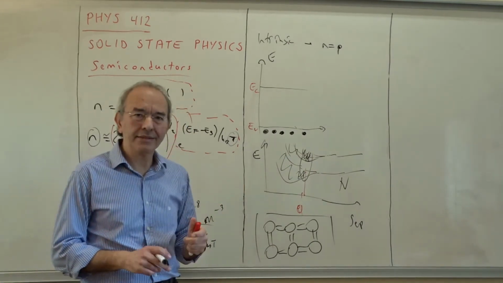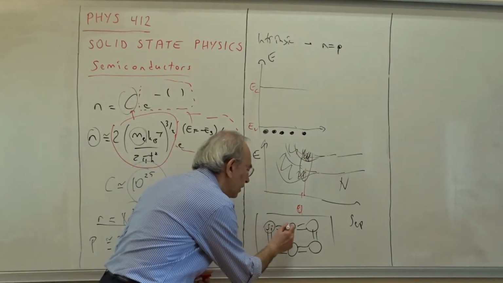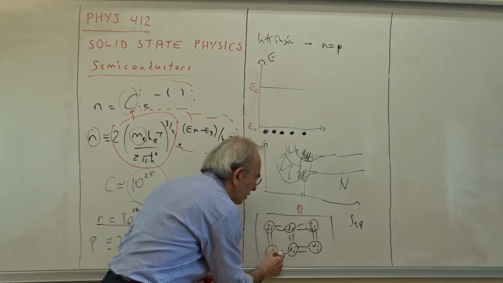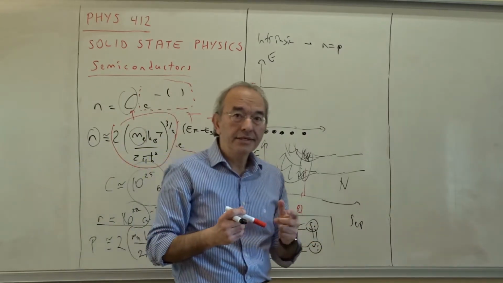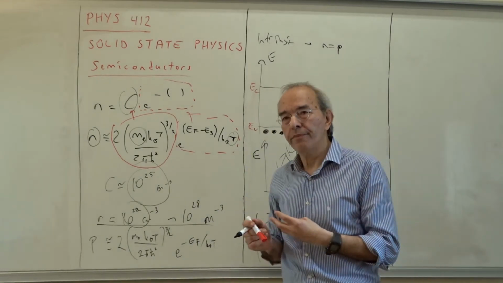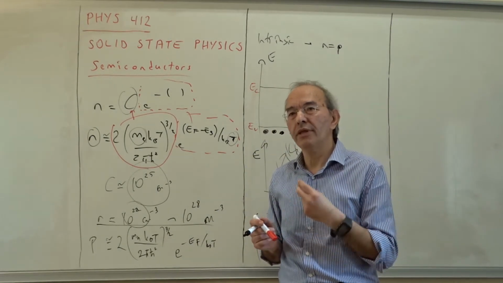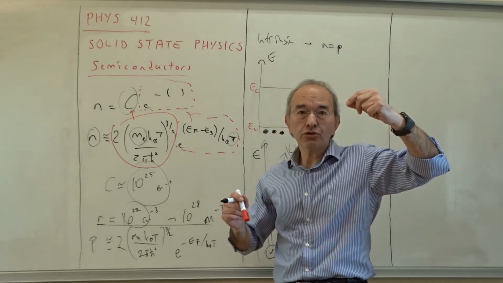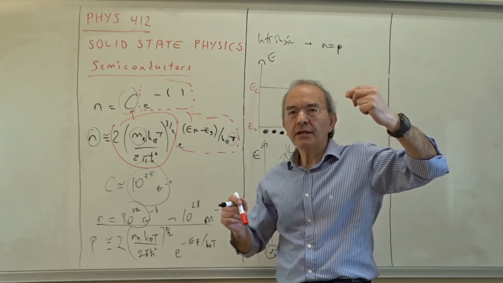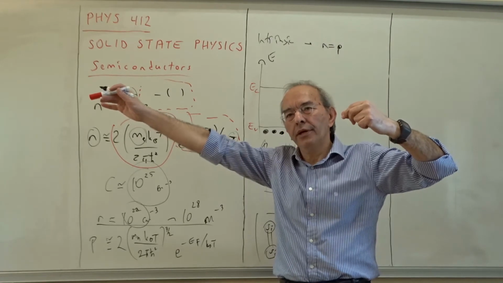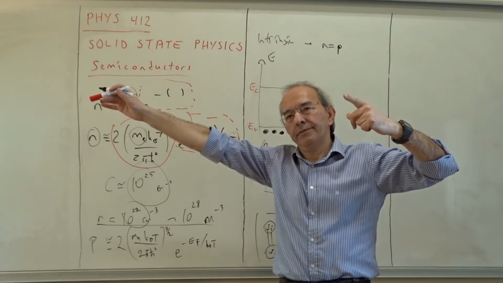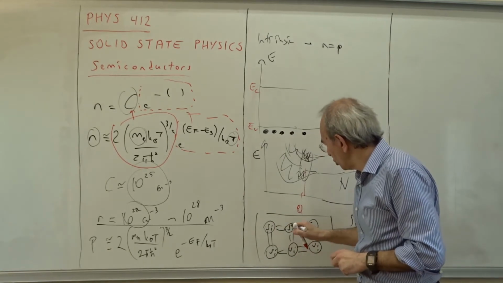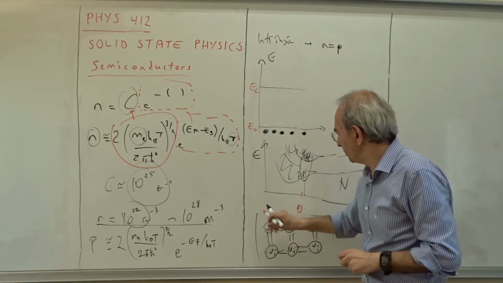These are all, let's say, silicon or anything like germanium. Since they are in the fourth group in the periodic table, they have four outermost electrons. So each of those electrons makes a bond with one of the neighboring silicon atoms.